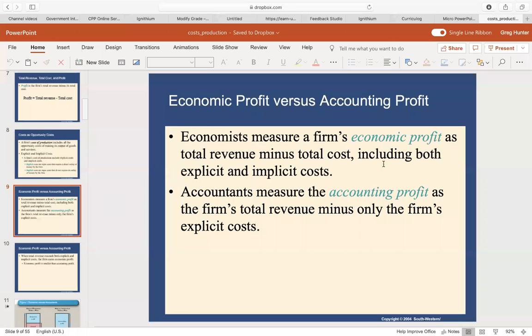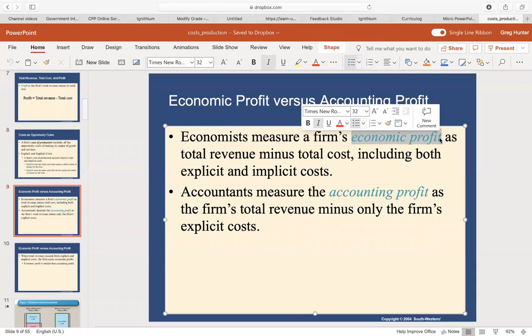When economists are measuring profit, we said all firms are trying to maximize their profits. We're talking about this economic definition of profit as total revenue minus total costs that include the implicit costs of the firm. A lot of students get confused, especially if you're a business student.